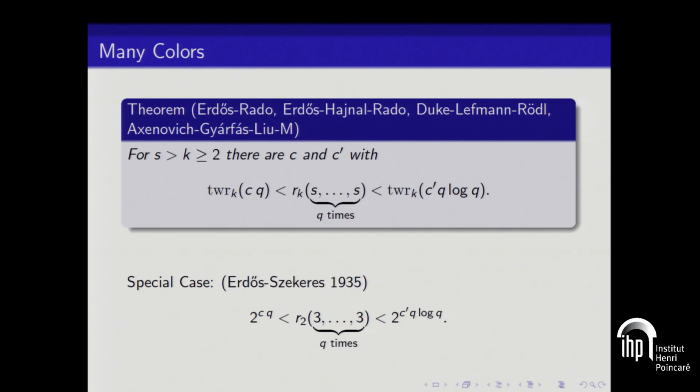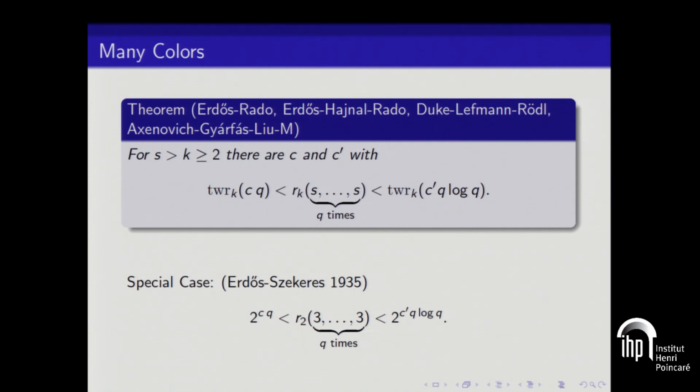I'll say just a brief comment about more than 2 colors. I haven't said much, but I'll be using something to do with this later. So another problem in Ramsey theory is when we have the small clique really small and fixed, but the number of colors goes large. And here we actually know the tower behavior.